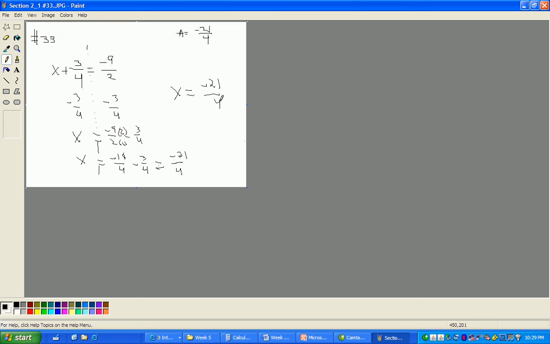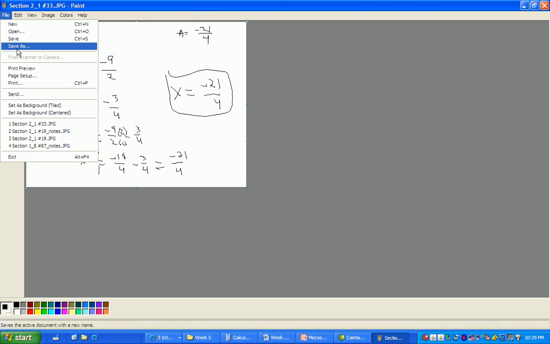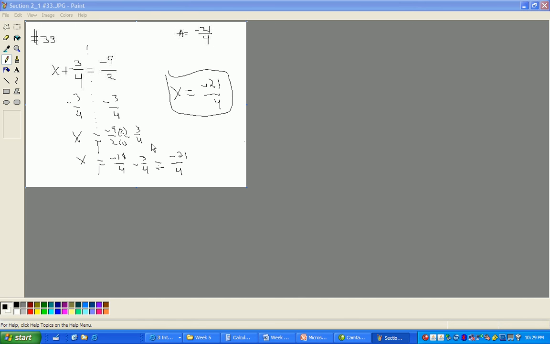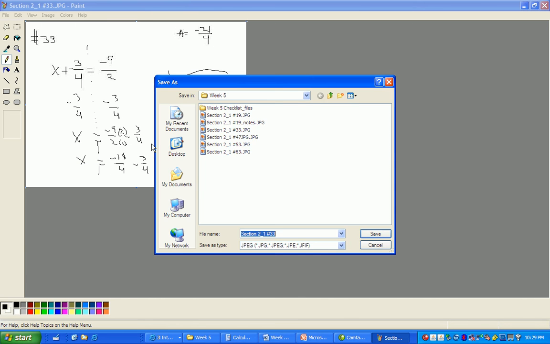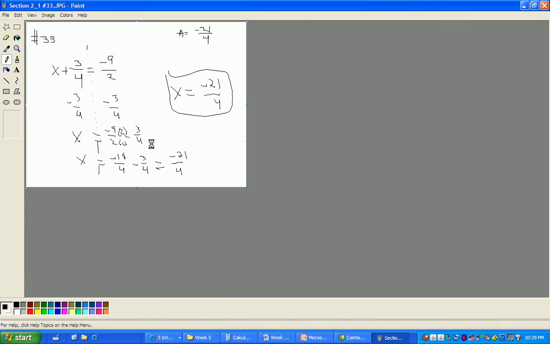You can always check your work by plugging in negative 21 over 4 right here and making sure the equal sign stays. Let's save that one. Let's do another example.